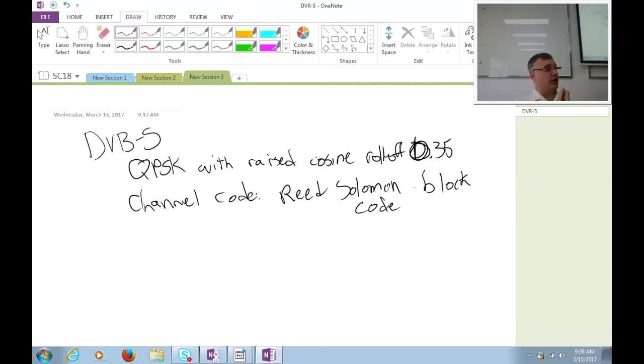Now, keep in mind, forward error correction coding is different from just simple error detection codes. Like you've probably all used CRCs or parity bits, or you've seen material that you know what that is. That's basically where you put a bit or multiple bits at the end of a transmitted sequence that allows you to detect if something went wrong.